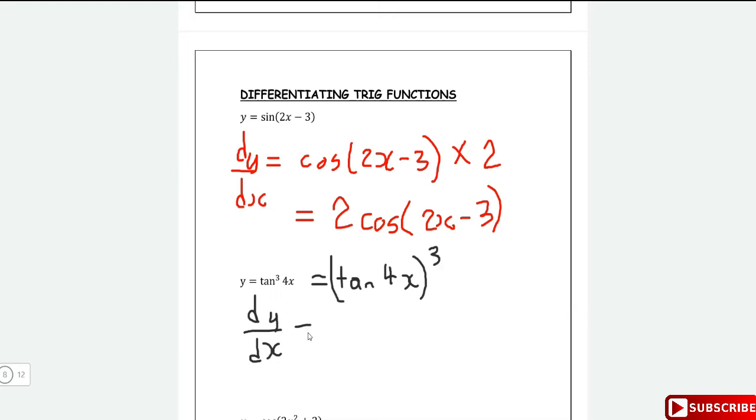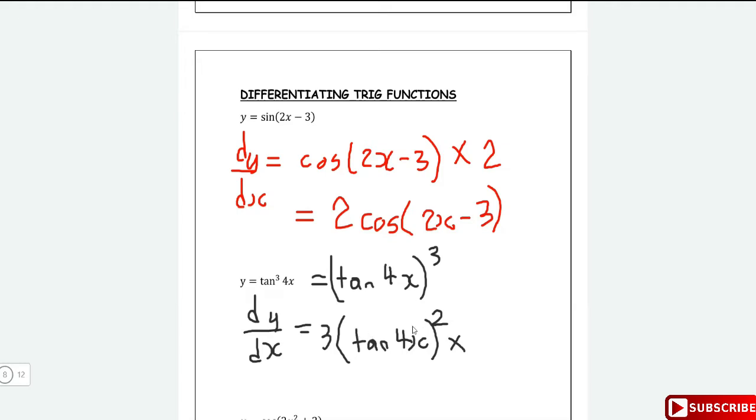Now to differentiate this, you carry down the power 3, then you subtract 1 from the power. So now you get (tan 4x) being squared, but then you're going to have to multiply by the derivative inside the bracket.